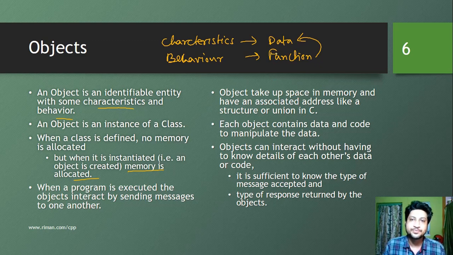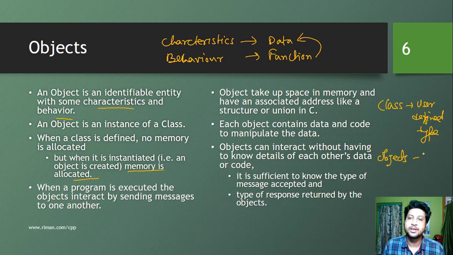So class becomes a user defined type, and objects become, you can say, variables of the class. Or we can also say objects are a representative of a class.